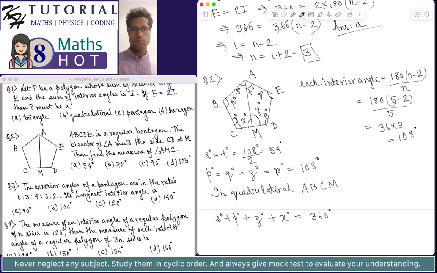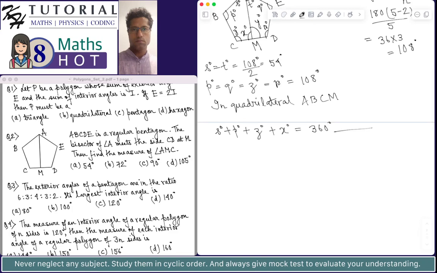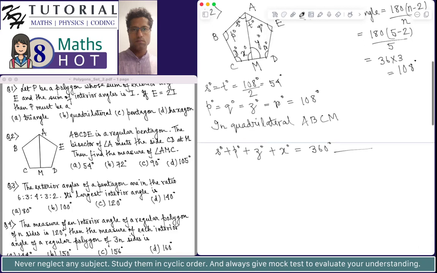We can name this result as equation number 1.